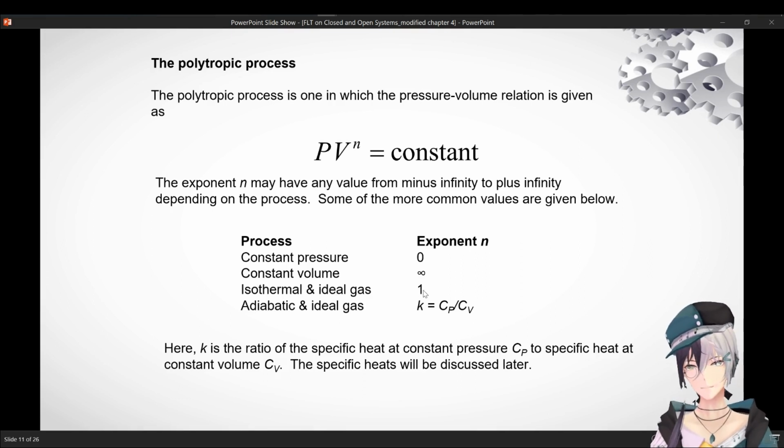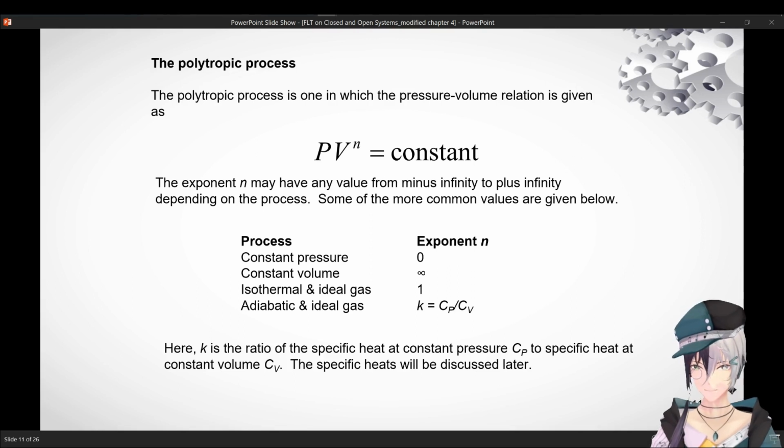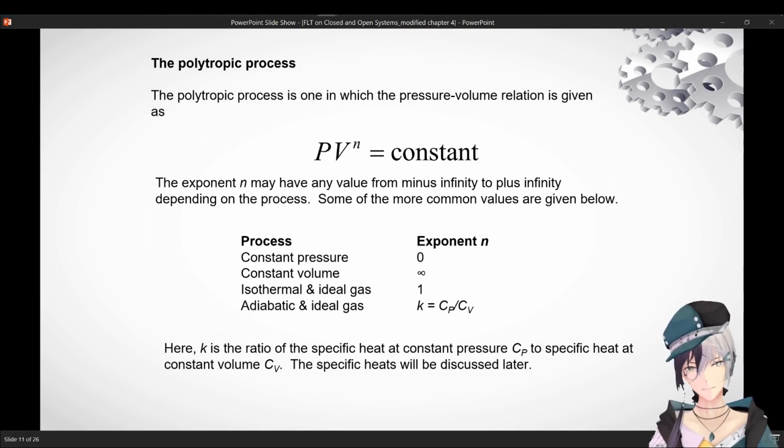For isothermal process, N is 1. For adiabatic process, so what is adiabatic again? Adiabatic process is a process wherein no heat energy goes in and goes out. So adiabatic, perfectly insulated.